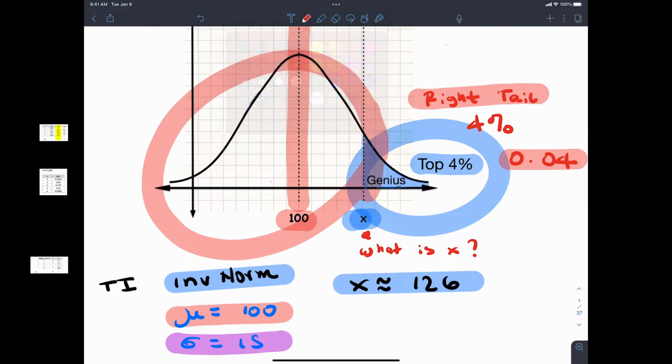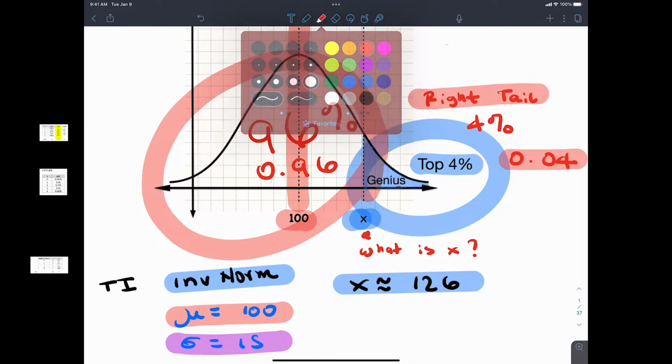Good, 96. So in other words, this portion is 96%. Okay, you guys okay with that? It's to the left of the value. The complement of 4%, isn't that 96%? And don't you write 96% as 0.96? You see what I'm saying?